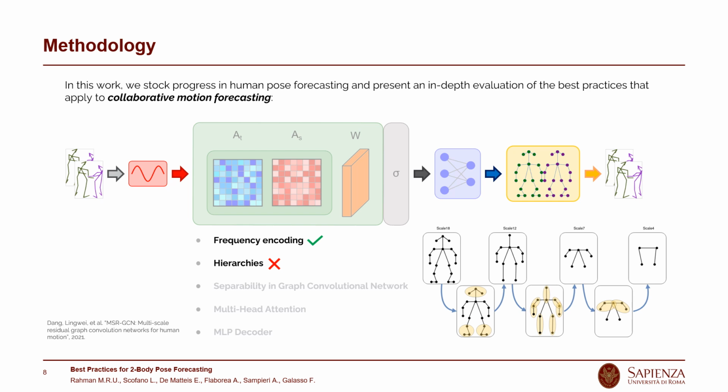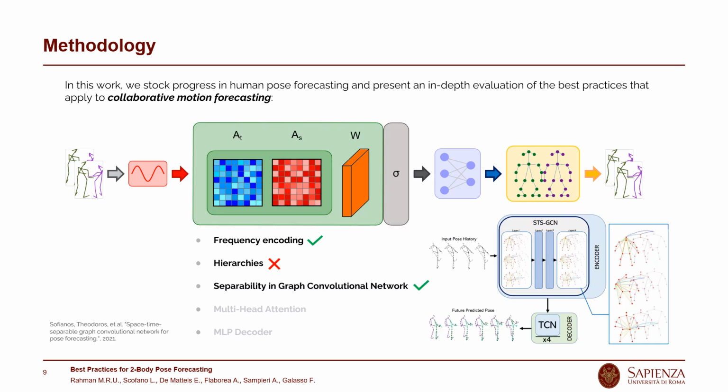Although this approach has demonstrated excellent performance in single-body pose forecasting, it falls short in the case of two bodies. This discrepancy may be attributed to the fact that the aggregation of nodes from multiple agents fails to consider the interactive aspect.